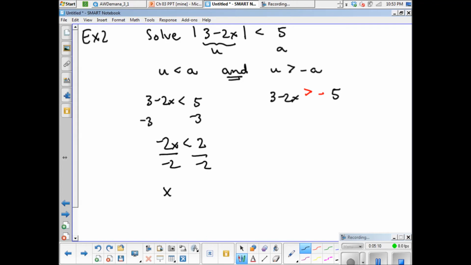Don't forget to flip your inequality. Okay, so I just colored it to remind you. And then this one, subtract 3. We get -2x is greater than -8. And we divide by -2. And we get x is less than 4.